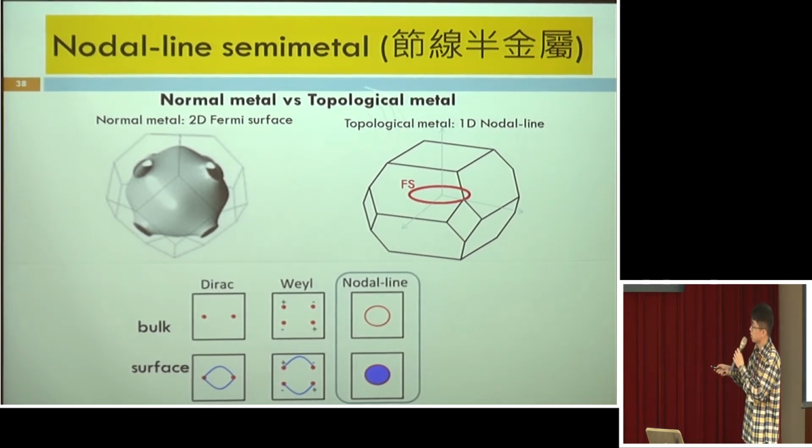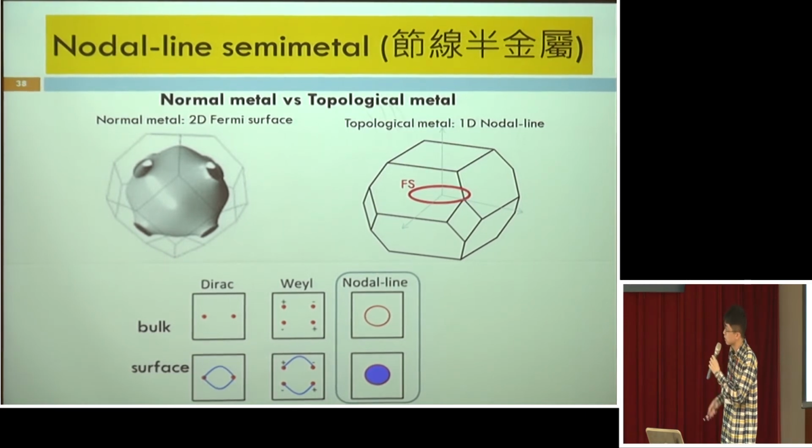The other class of topological semimetals is nodal line semimetals. Different from a normal metal, whose Fermi surface shows two-dimensional features, in a nodal line semimetal the bulk Fermi surface is a one-dimensional loop in the three-dimensional Brillouin zone. So this is a nodal line Fermi surface.